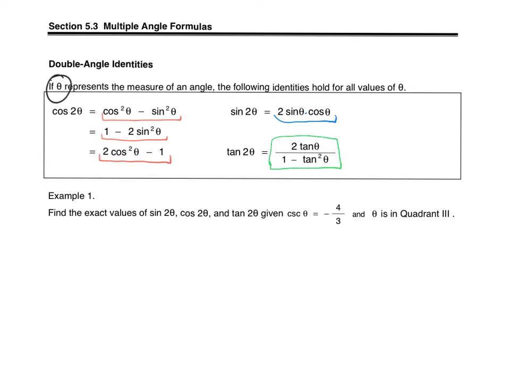If we are given that the cosecant of my original angle is -4/3, we know that theta is in quadrant 3, so my x and my y are both negative. So first I need to find values for x, y, and r.